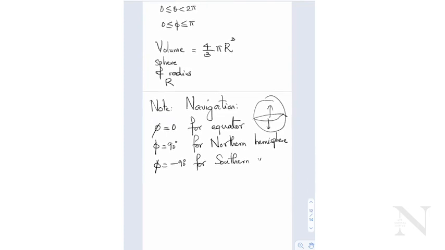And again, for azimuth, they use the prime meridian as the reference point. So this is theta equal to 0, and they go left and right of the prime meridian.